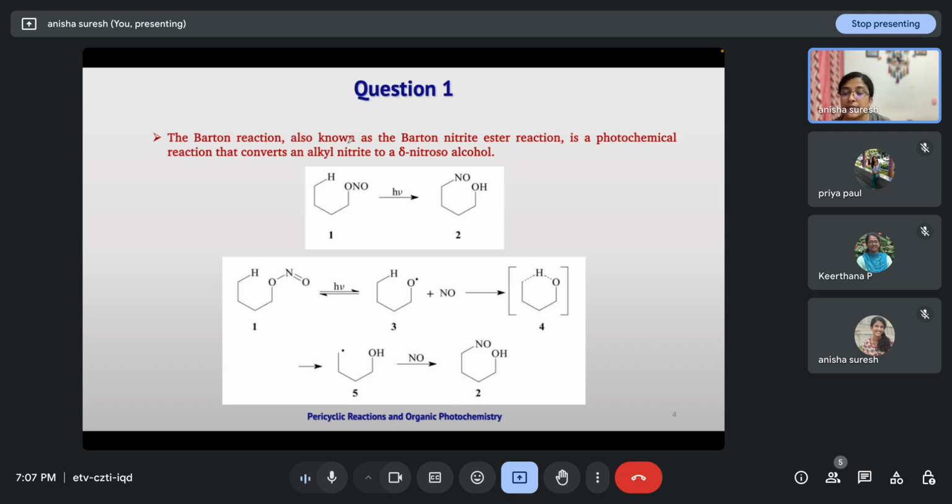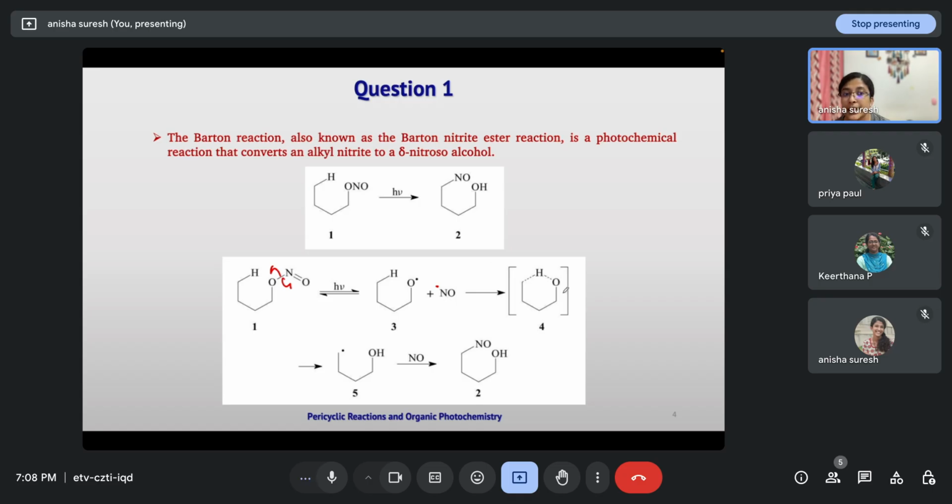So Barton reaction, which is also known as Barton nitrite ester reaction, is a photochemical reaction that converts an alkyl nitrite to a delta nitroso alcohol. Okay, so here this is an alkyl nitrite. Upon photochemical irradiation, this bond will homolytically cleave, leading to the formation of these two radicals.